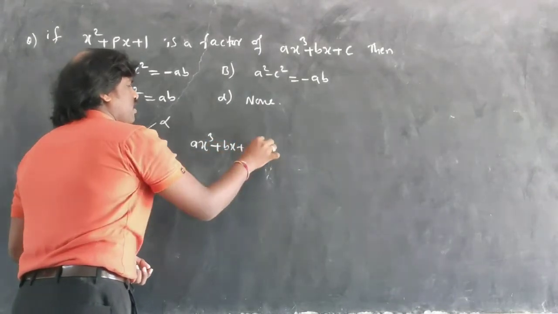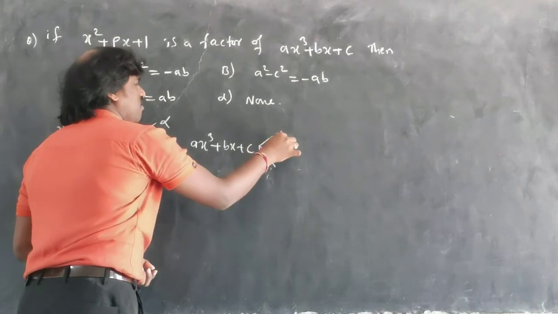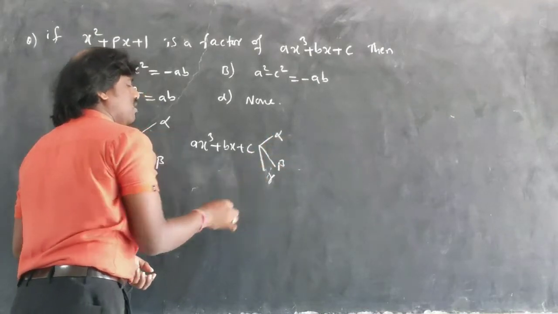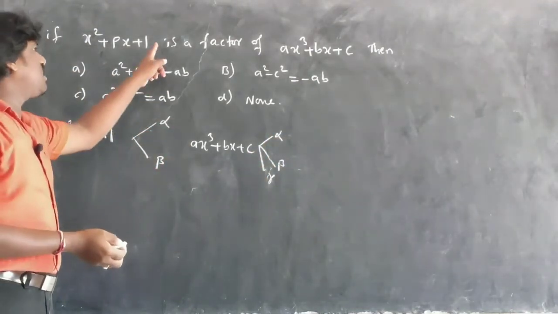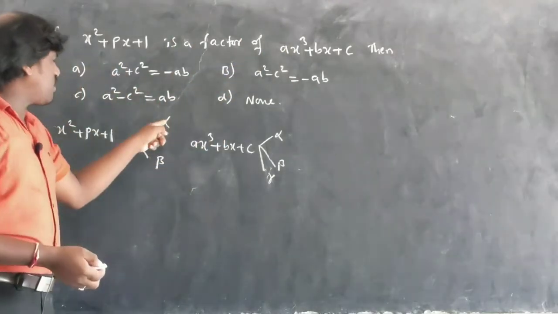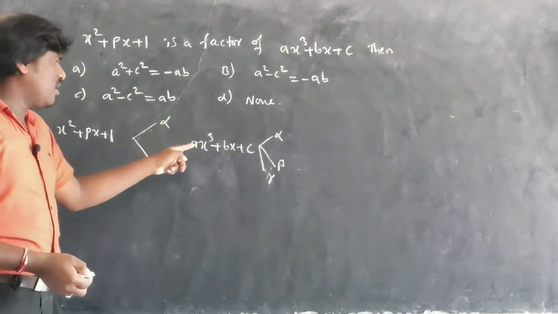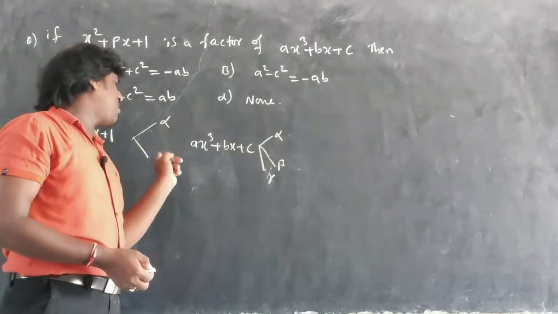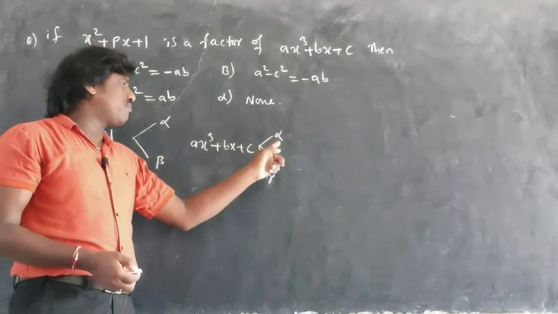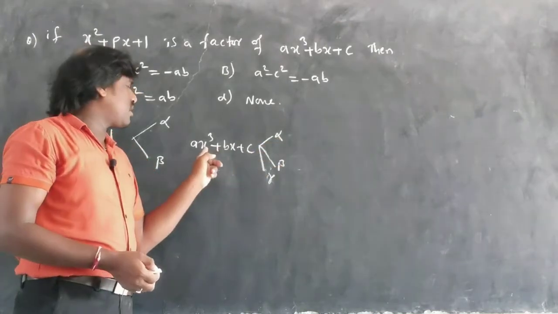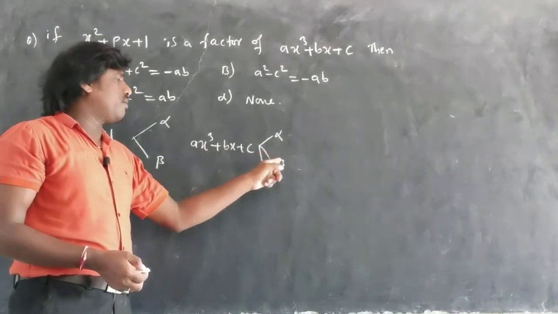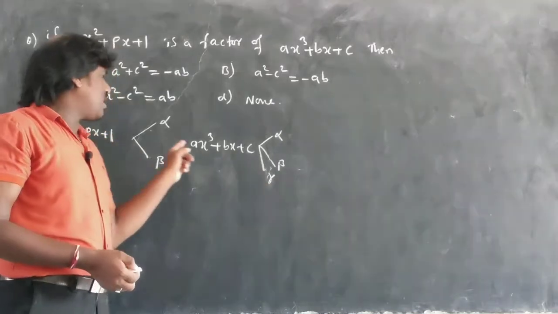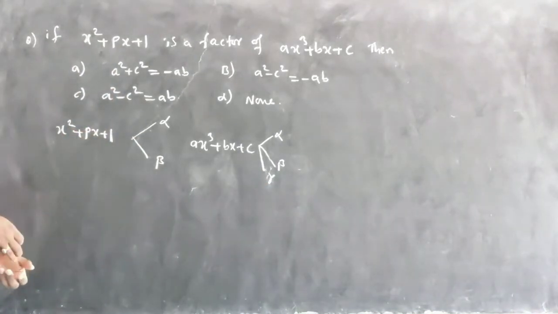For this one the roots will be alpha, beta, gamma. That is the meaning. If this is a factor of this, whatever roots the factor has, this will also have the same roots. If this has alpha, beta roots, then this will also have alpha, beta roots. But it is a cubic equation, so we have to take 3 roots, alpha, beta, gamma, and here it is a quadratic equation, so alpha, beta.